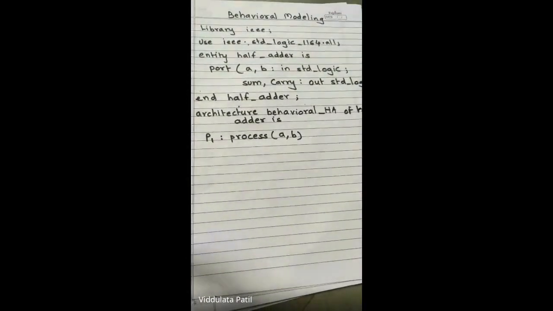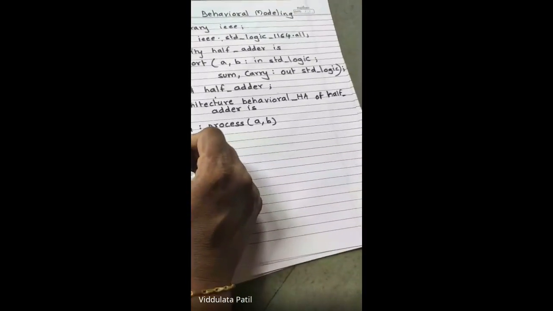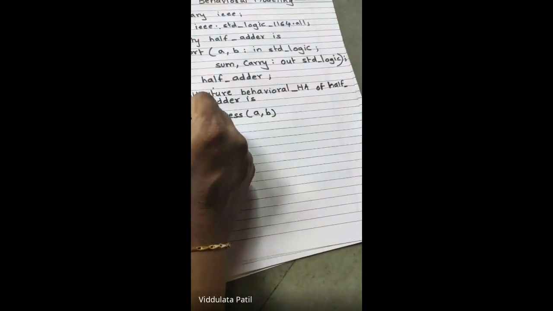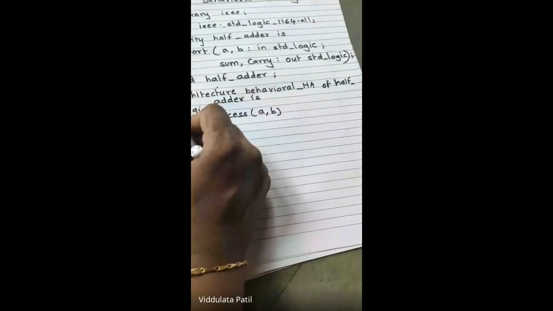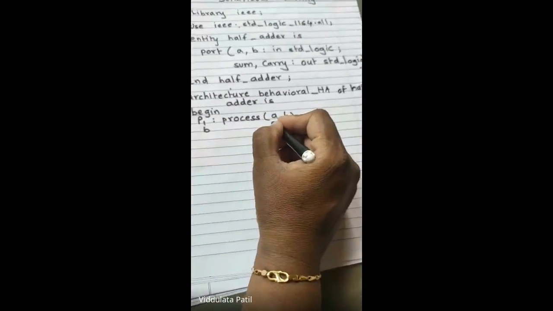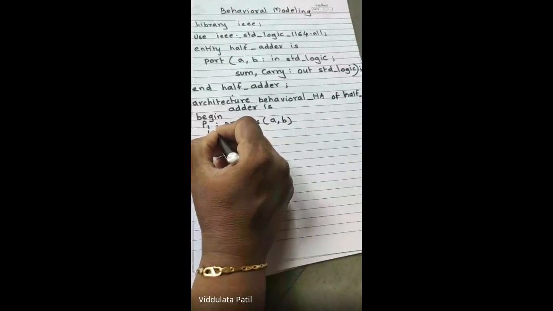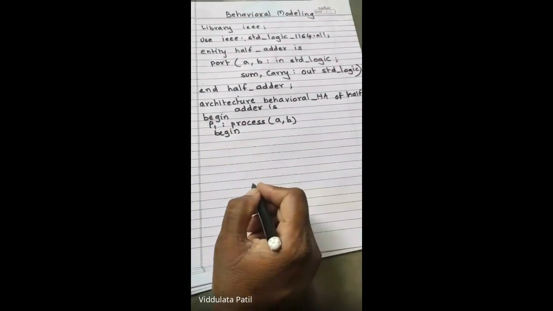Sorry, before declaring this process, there should be a begin of this architecture, and in this begin we are going to have this process. Now this process will again start with the begin statement.